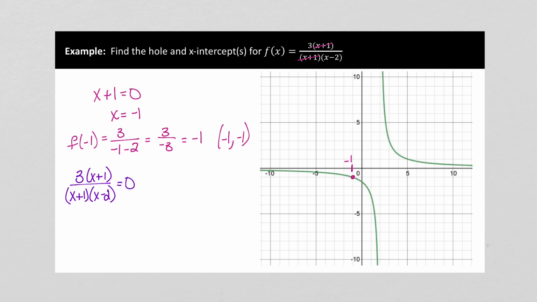And actually, we'll do it after we've canceled because things canceled out, so we don't need to worry about those x plus 1s anymore. And when we do this, we end up with just 3 equals 0, which means there are no x-intercepts for this graph.